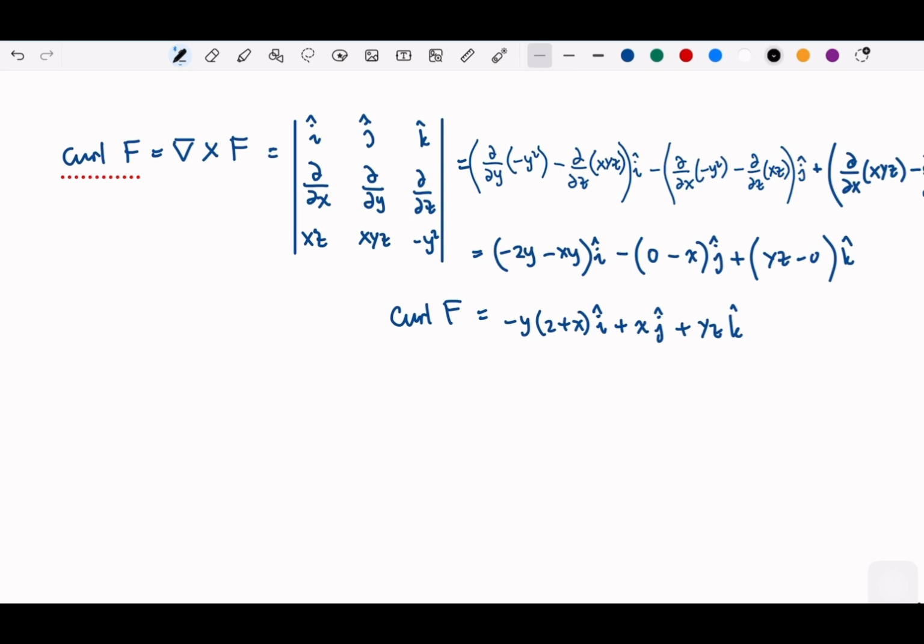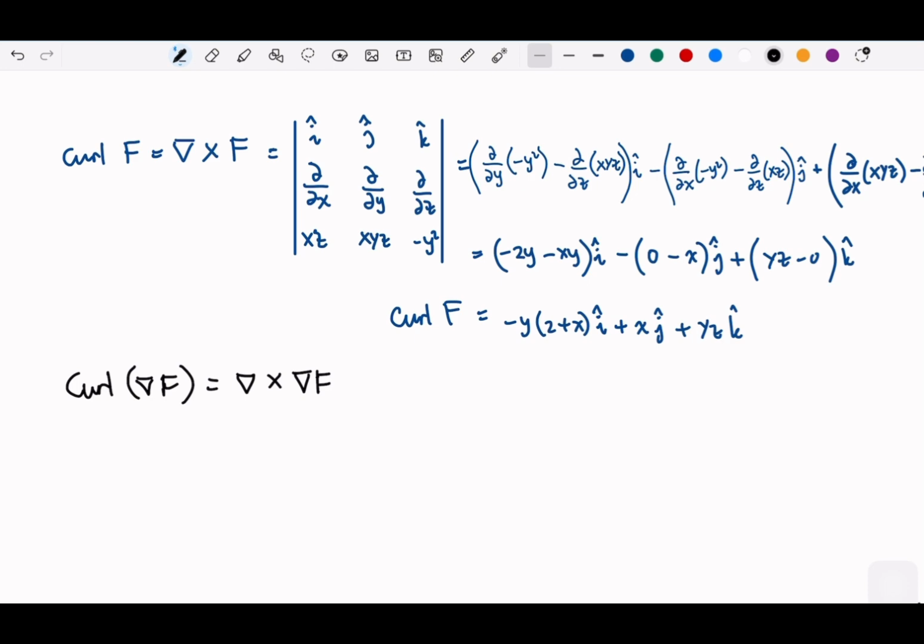The interesting theorem about the curl also is, for example, if we have the second partial derivative. So if we take the curl of the del f, which means this will be the del cross product with the del of f.